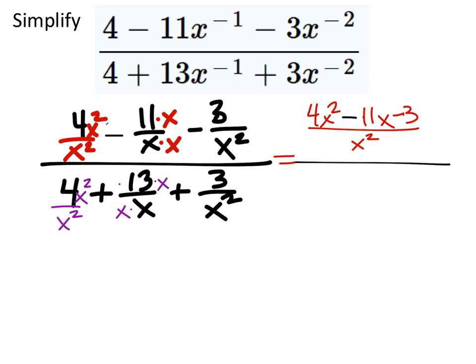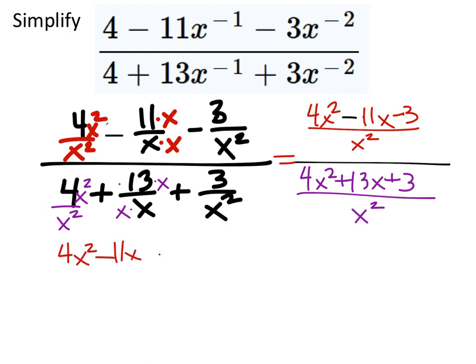And now I have common denominators of x squared, which allows me to write that as a full fraction with a common denominator of x squared. So 4x squared plus 13x plus 3. Now I'm going to skip the division part of this and just simply reciprocate this, but I'm going to write it out completely, all right? Just for the sake of time. 4x squared minus 11x minus 3 over x squared.